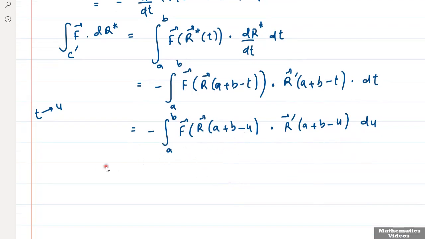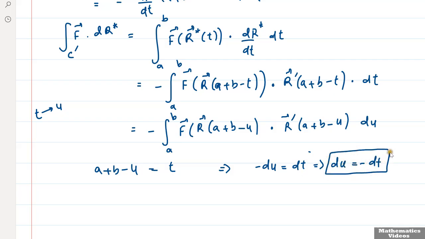Now we will put a plus b minus u equal to t. On taking the differential, we get minus du equal to dt. So it means that du is equal to minus dt. Number one.